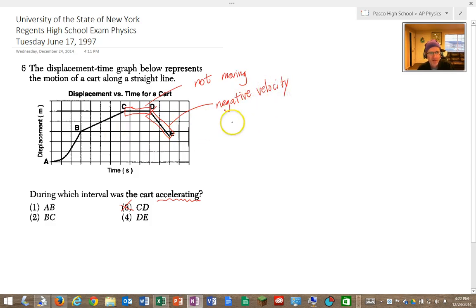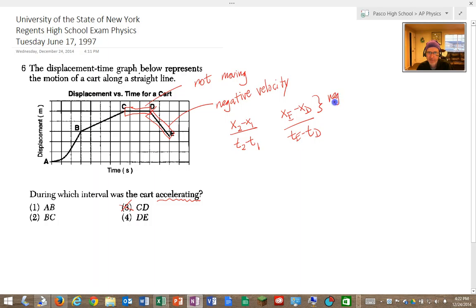Well, on a displacement versus time curve, I'm going to take x2 minus x1 all over t2 minus t1. Or more specifically, let's do x at E minus x at D all over t at E minus t at D. Since x at E is less than x at D, this is going to be a negative number.